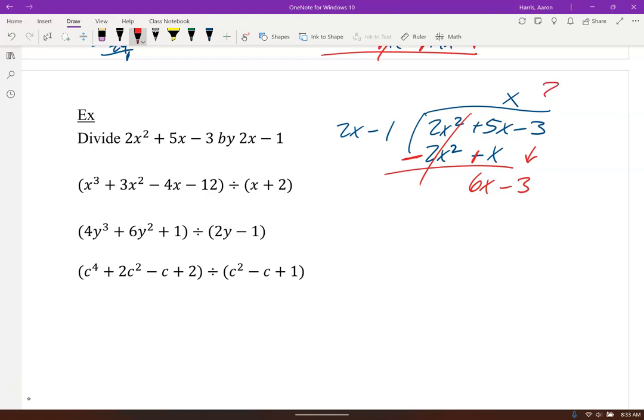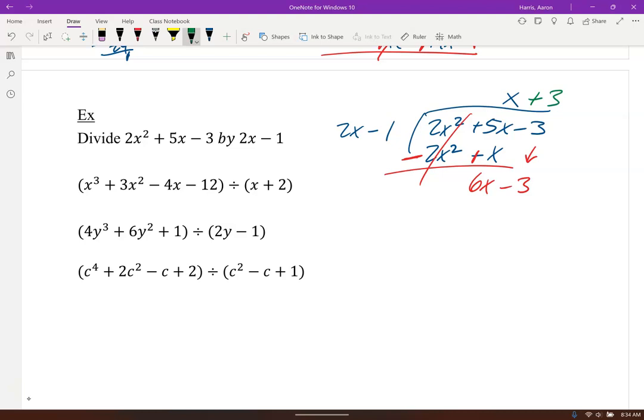And now the question is, what times 2x gives me 6x? If you want to do it backwards, just do 6x divided by 2x. In other words, it's positive 3. So plus 3.